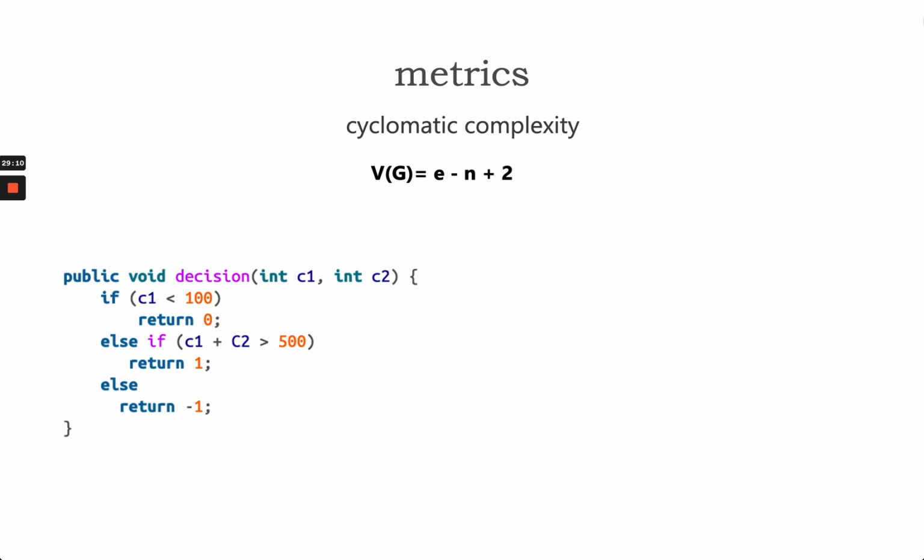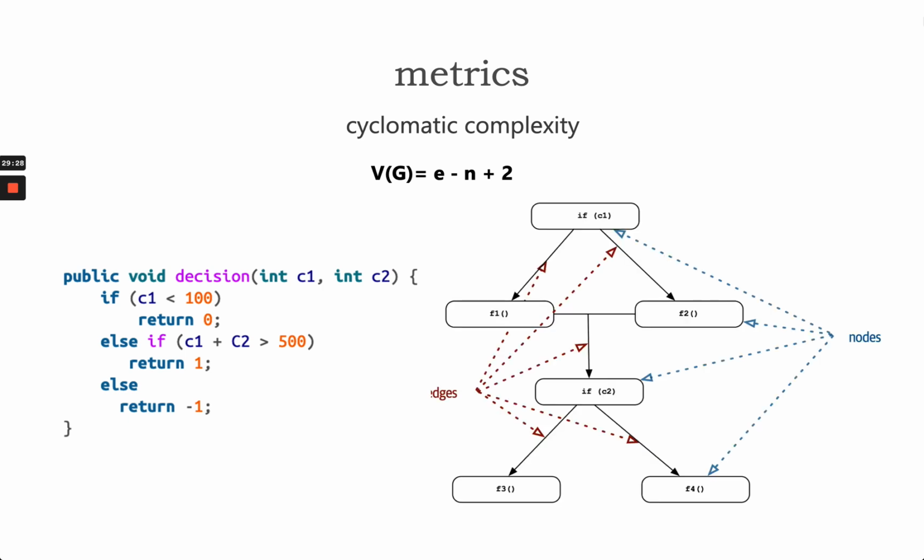The formula is edges minus nodes plus 2, where edges are possible pathways through code and nodes are the actual lines themselves. So if you look at this little decision statement we have over here on the left, if you sketch out its edges and nodes view, what you'll see is 8 minus 7 plus 2, so the cyclomatic complexity of this is 3.